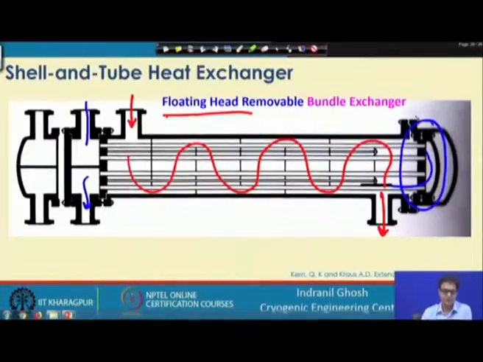So, now you can understand that there may be situations where the tube side and the shell side fluids are of pretty different temperature, and that may result in some kind of thermal stress generation. Thermal stress will be generated means the shell and the tube, if they are getting elongated at a different rate, then it will generate some kind of thermal stress. So, that means we have to allow the tubes to expand.